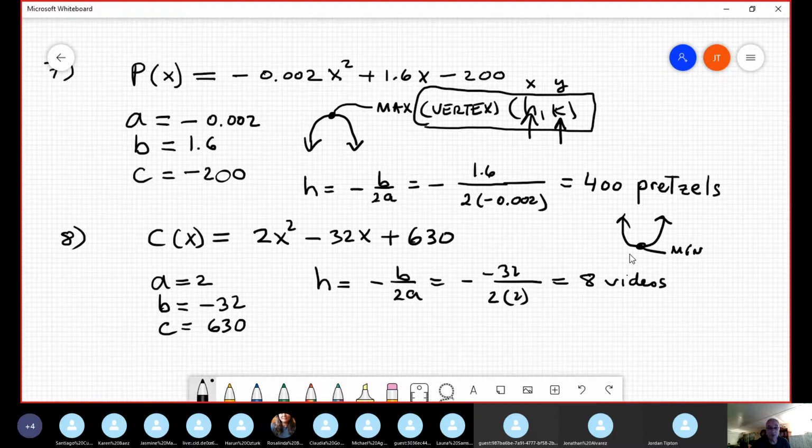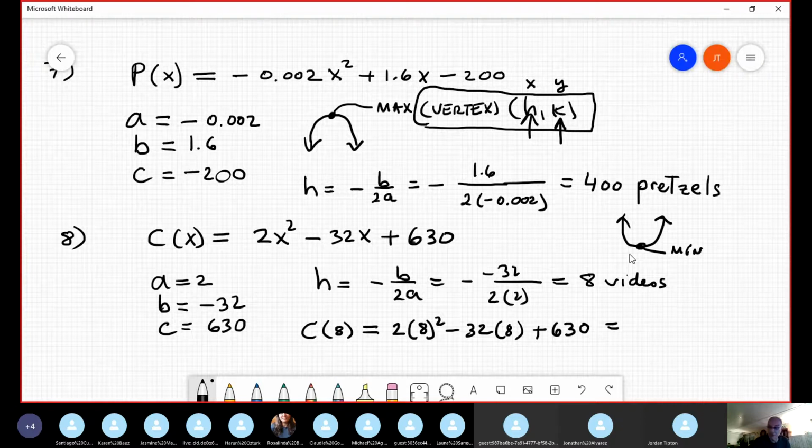In order to find the money, easy, you evaluate the function at 8 videos. 8 videos is the number of videos that generates the minimum cost. So you evaluate 2x squared minus 32x plus 630. I put it in my calculator, guys.